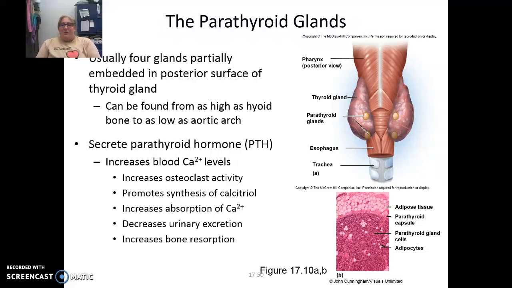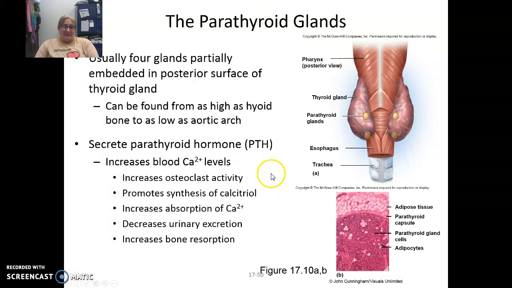It also, when we have parathyroid hormone, we activate vitamin D production, calcitriol, and that decreases urinary excretion of calcium and increases digestive absorption of calcium.